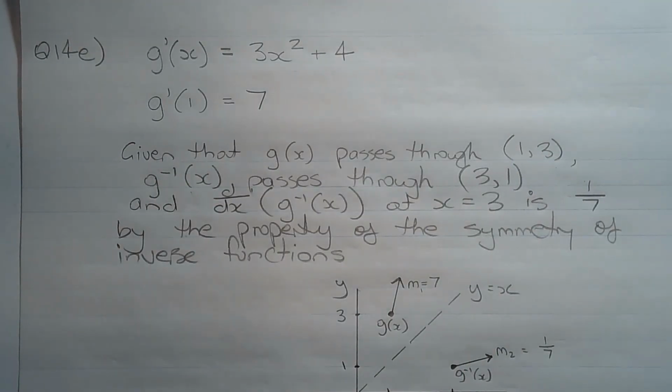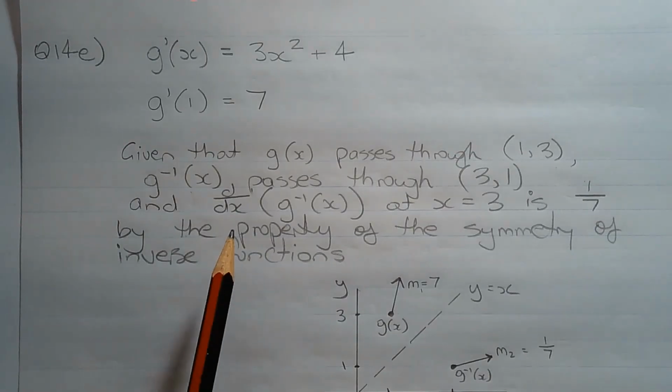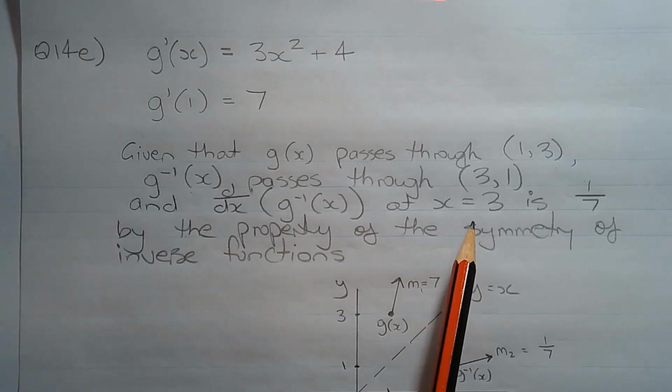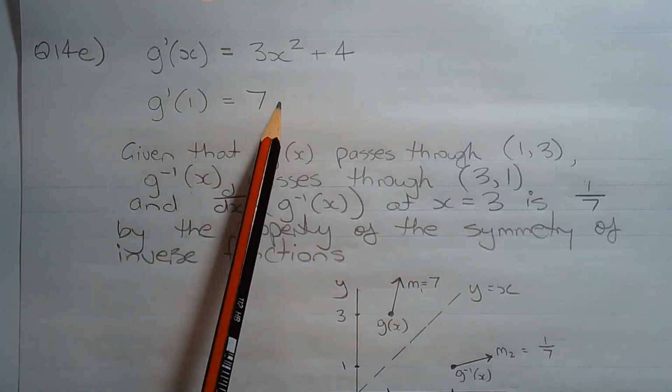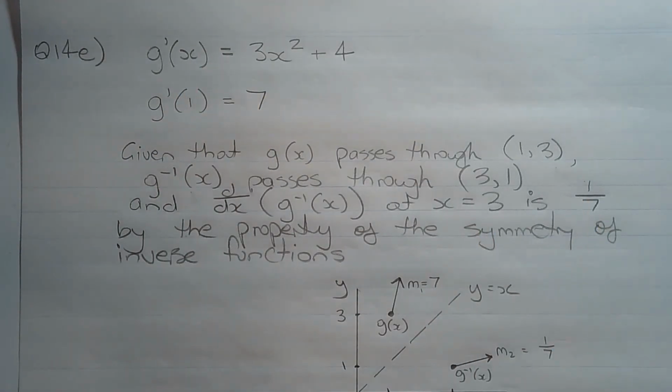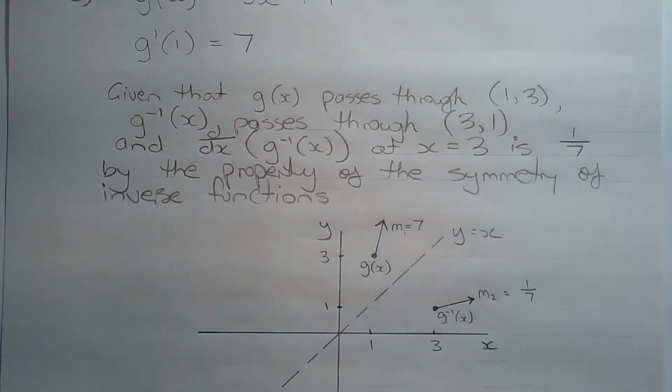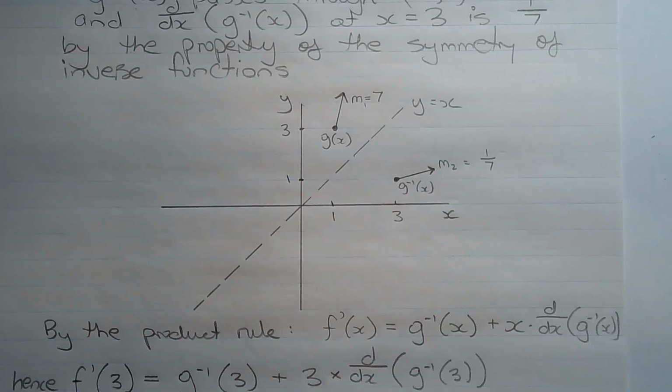In fact, all the coordinates of the function g of x, when reflected in the line y equals x, have their coordinates reversed. And the value of the first derivative of g inverse of x at x equals 3 is the reciprocal of this value here, which is 1 over 7. And that's by the property of the symmetry of inverse functions. Now the following diagram demonstrates the idea.